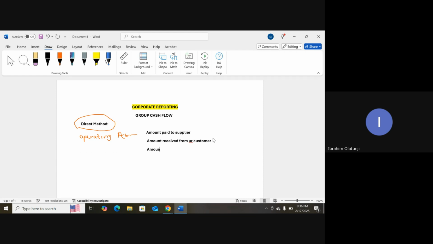Another thing is that you must also think of the amount paid to employee, your staff, your worker. You must think of the amount that you pay to them. Then finally, you must also think of other expenses that you paid, other expenses paid.